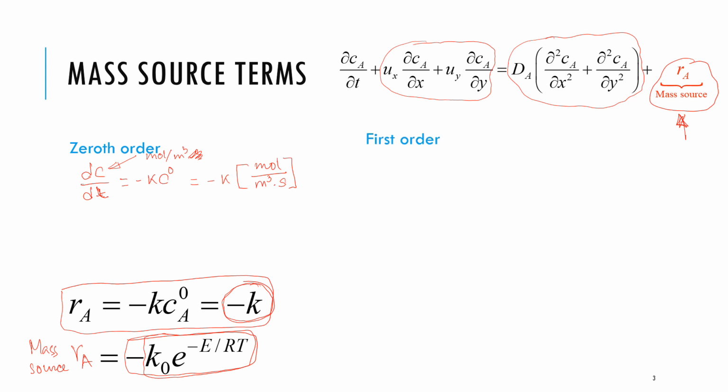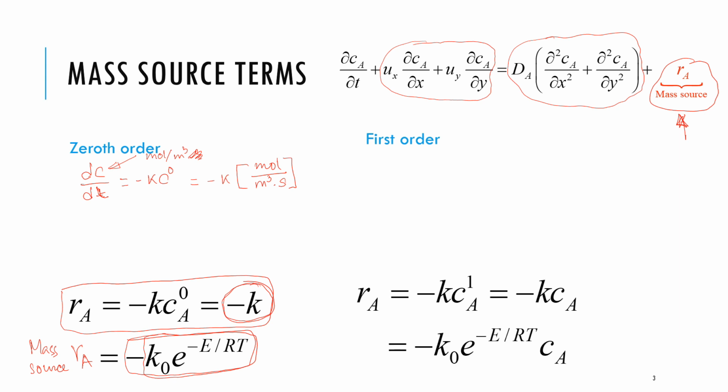Another one that's even more common generally is first order kinetics. So here we write the equation as dc/dt is equal to minus k times c to the 1.